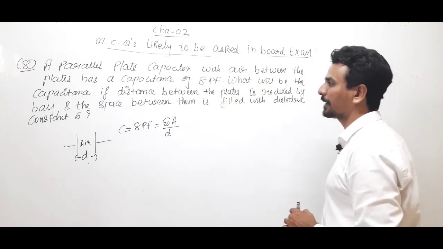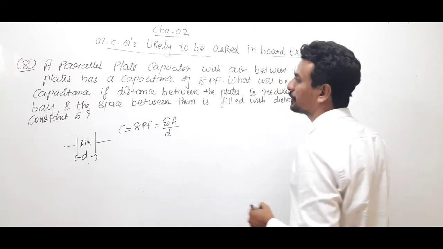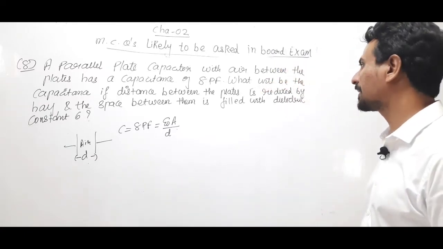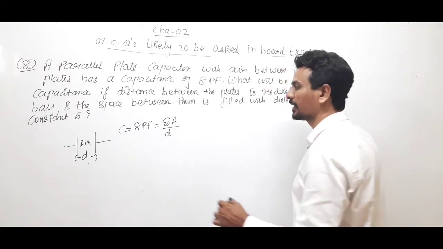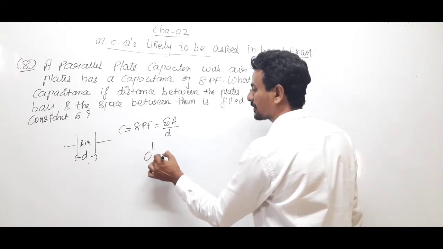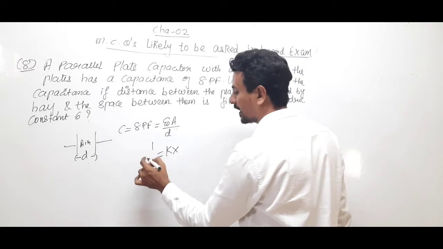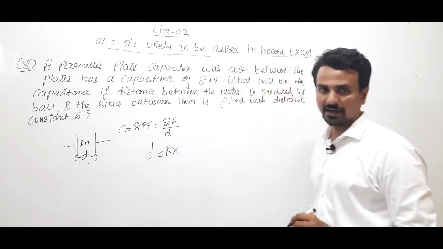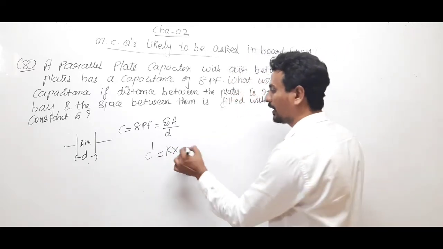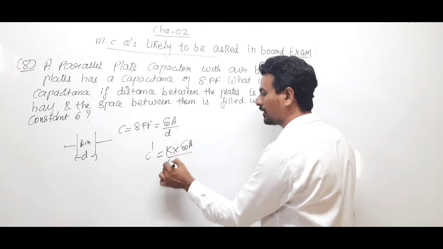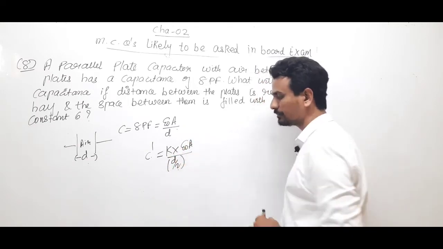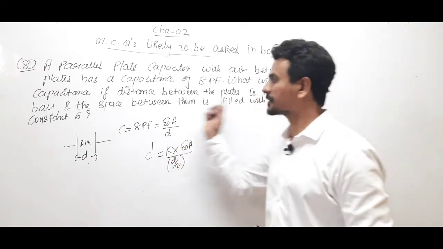Now, what will be the capacitance if distance is reduced by half and the space between them is filled with dielectric constant 6? So now C dash is equal to K into epsilon naught A upon D by 2, because capacitance increases by factor K on introducing the dielectric, and the distance is also reduced by half.